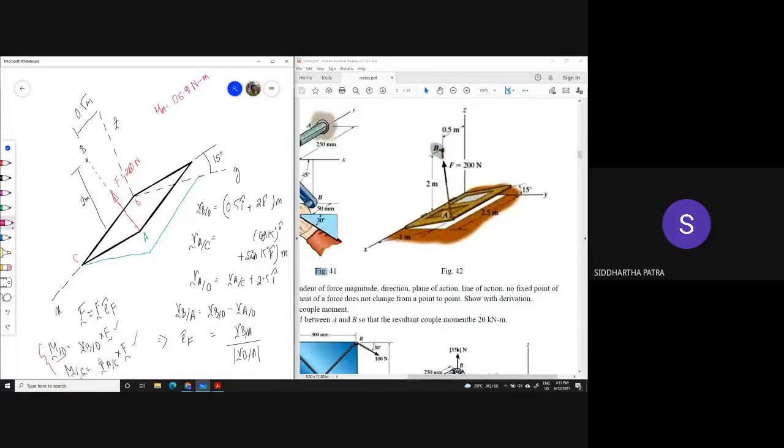Has anyone tried getting the moment about O? Yes, sir.